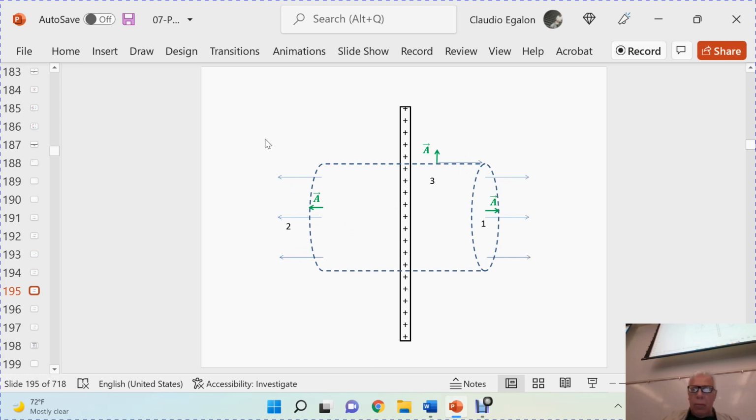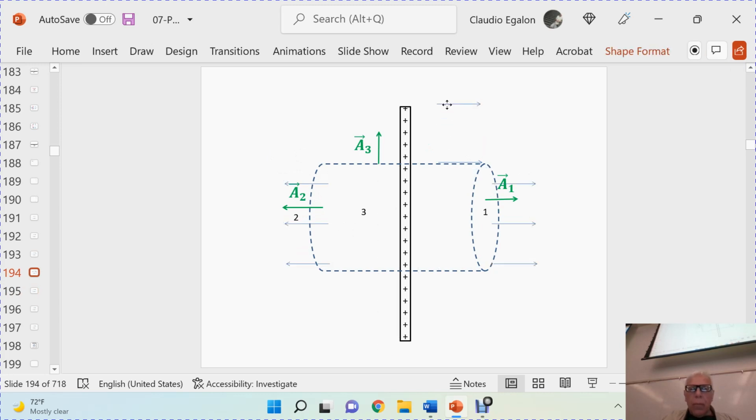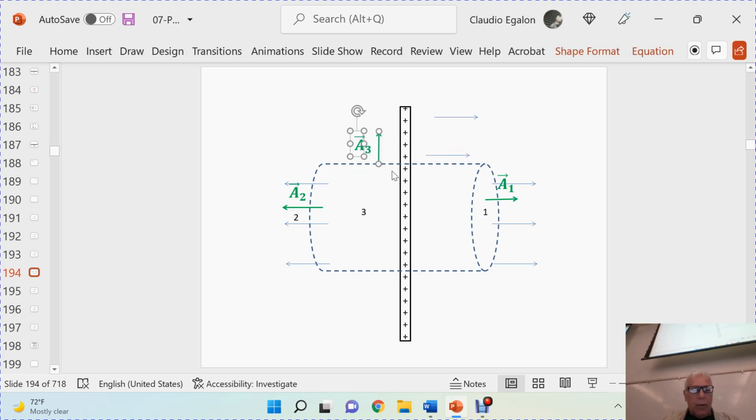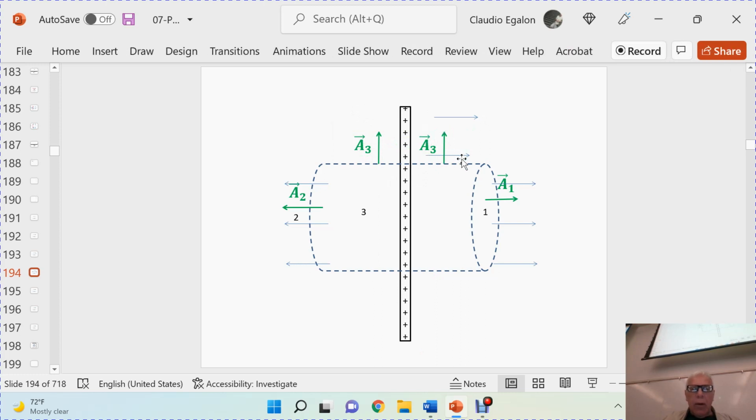I'm going to get this guy to A3 on the other side as well, just to emphasize that the electric field here is perpendicular.